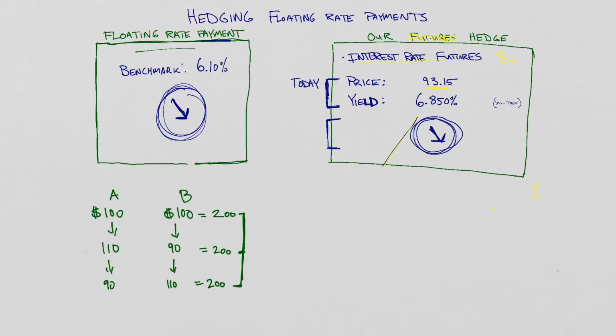And that portfolio idea is really how hedging works. So here we have a liability. We pay whatever the interest rates are doing in the market. Interest rates go up, they go down, so does our payment.